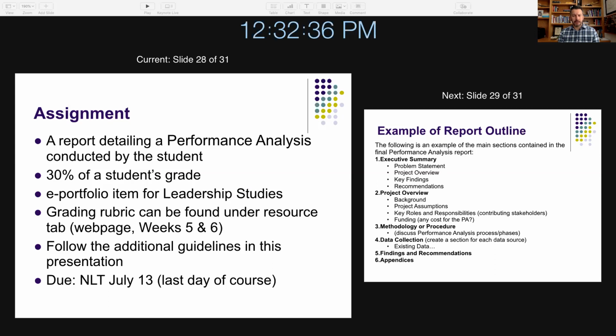The grading rubric exists; it's in weeks 5 and 6, with additional guidance in this presentation. And that's not right. The due date should be the last day of the course, which I believe is March 13th, or whatever that Friday is.